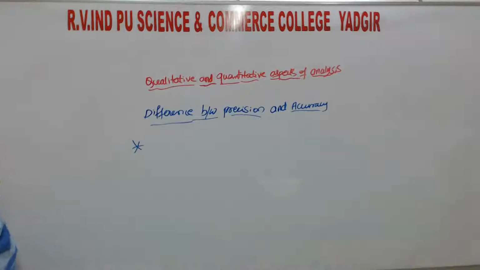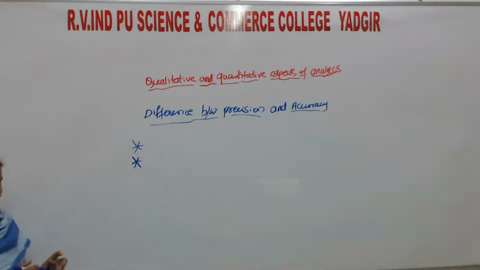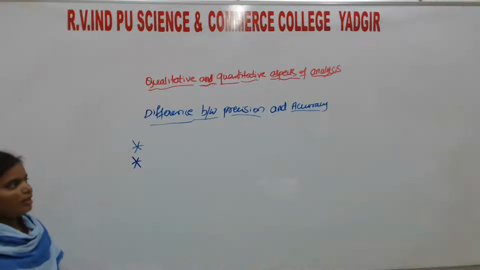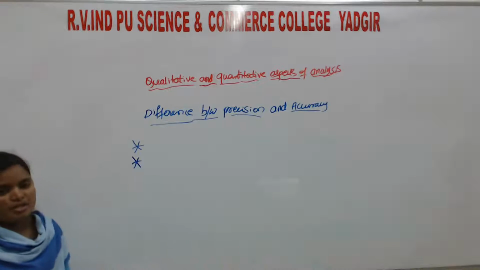Accuracy is the measure of the agreement between the experimental value and the true value of a given quantity. This is known as accuracy. What is meant by precision?